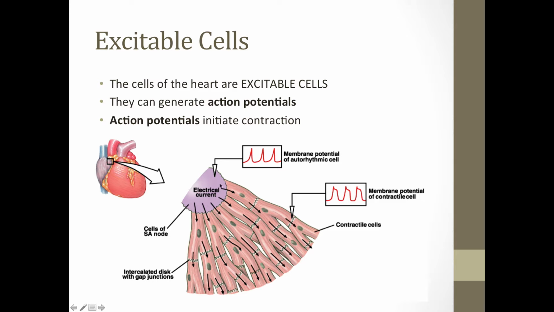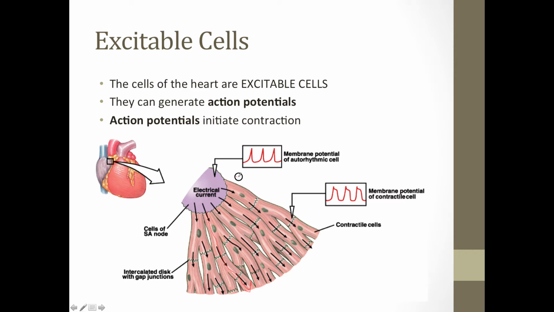So here we have the SA node. It's being stimulated by some sort of current nerve, and the electrical current is going to spread from the node through the contractile myocardial cells, which are connected via specialized gap junctions, so that we have this spread of excitation from the node and then down these syncytial cells so that they work together as a sheet.